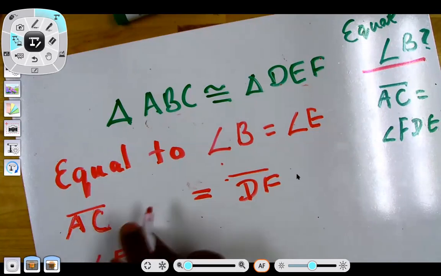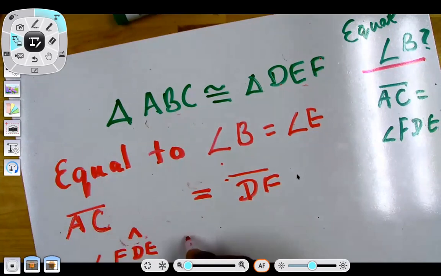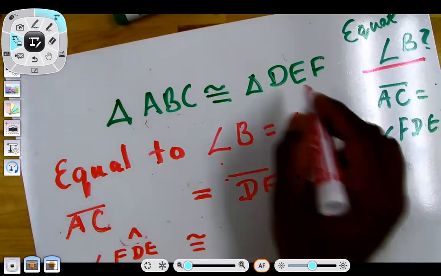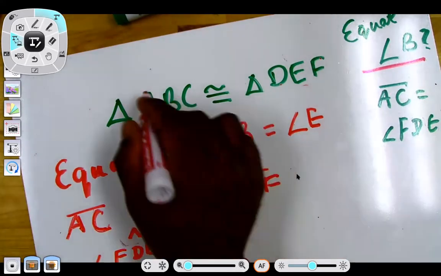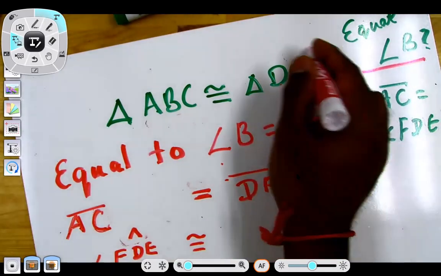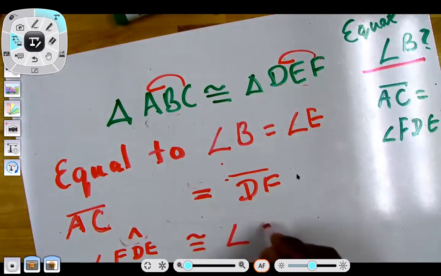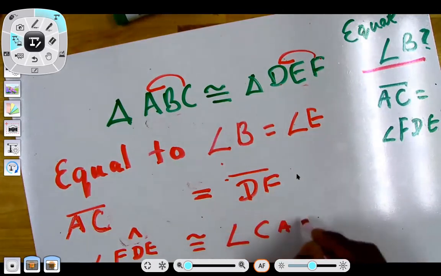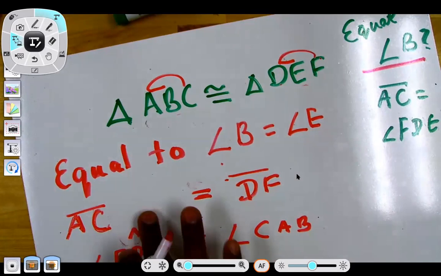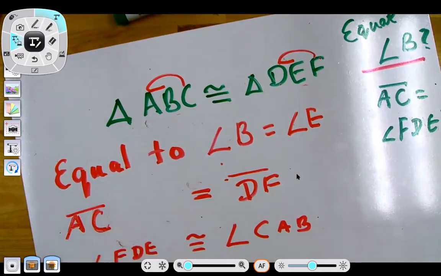The middle letter holds the angle. Then you're going to do the same thing, CAB. We're just going to go FDE and then you're going to go CAB. So I'm just going to say angle CAB. That angle is going to be equal or congruent.